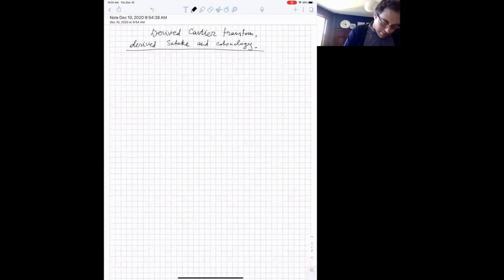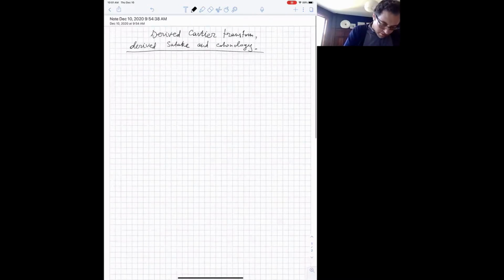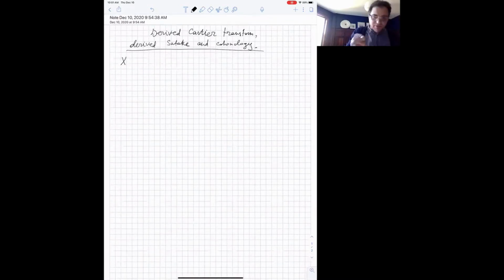Okay, so let me start, just for a few minutes, with a general setup. Let X be a smooth variety over K, say algebraically closed, of characteristic p.